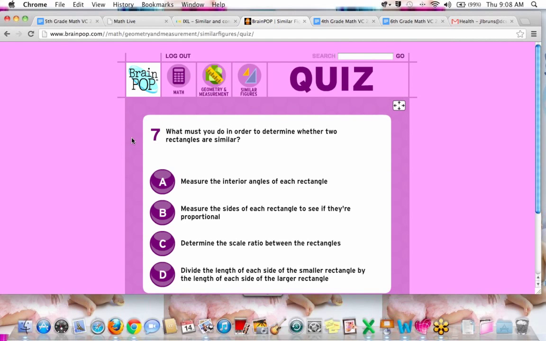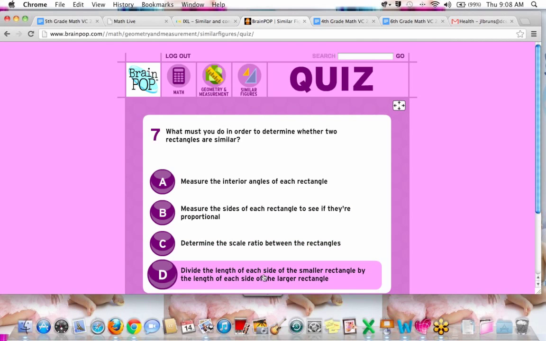What must you do in order to determine whether two rectangles are similar? Do you need to measure the interior angles of the rectangles? Or do you need to measure the sides of each rectangle to see if they're proportional? Do you have to look at the scale between the two rectangles?